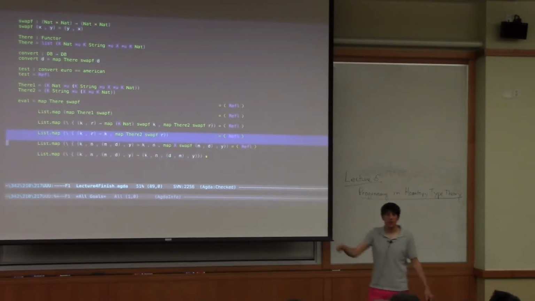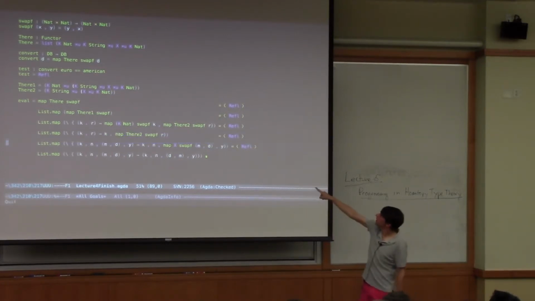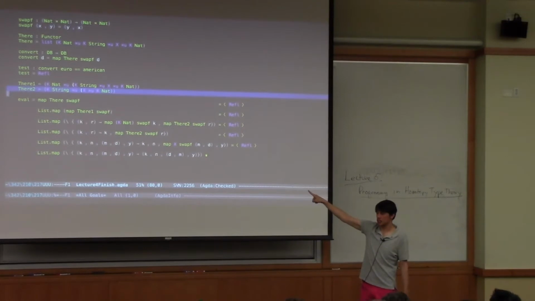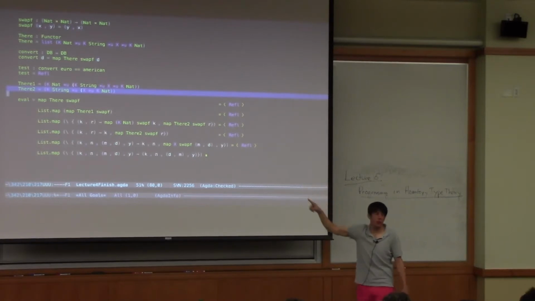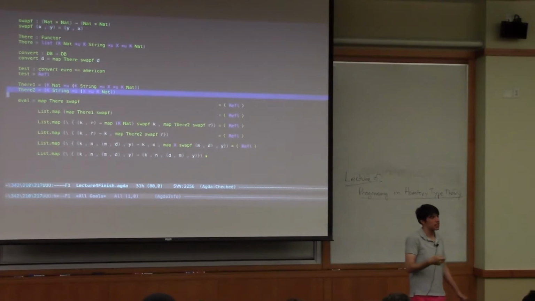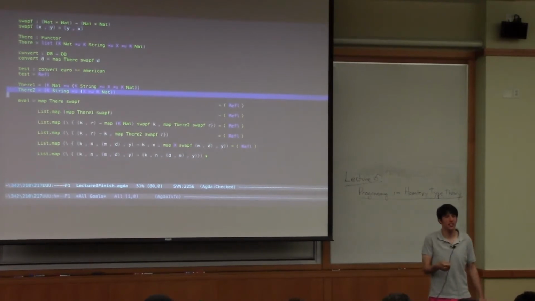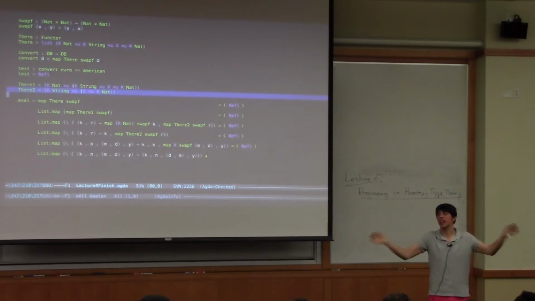Okay? And if we look at there2 up there, you'll see that it's a couple of products and a couple of constants. So the thing that's left to do in there2 is k-string cross x cross knat. And when we have a couple of products and a couple of constants, I've now skipped a few steps and said, at products, we apply to each component. At constant, it goes away.